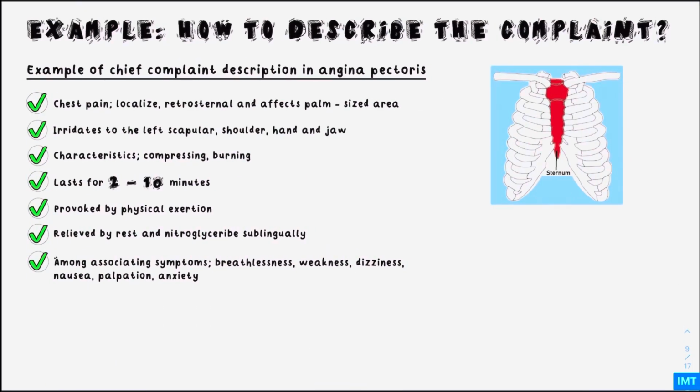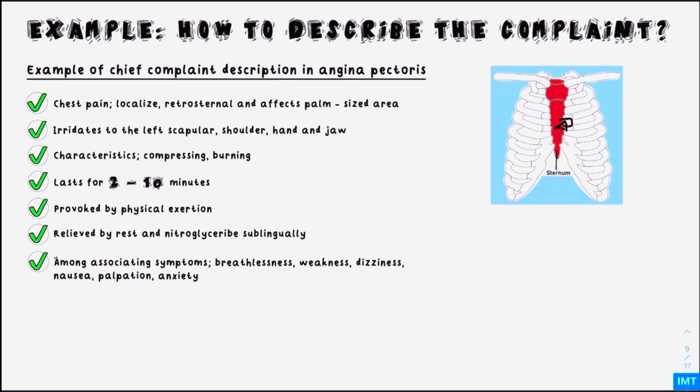Next, let's talk about an example of evaluating chief or presenting complaints, for example in angina pectoris. The pain is localized retrosternally. This is the sternum; the pain should be behind the sternum.